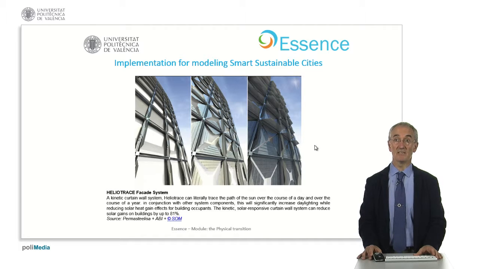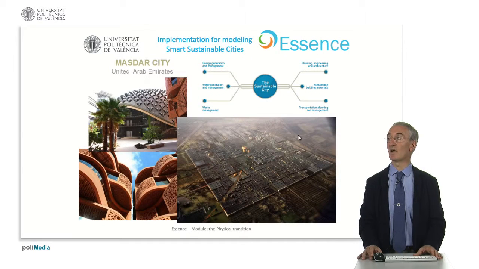Other possibilities, for example, if we are to use passive system, like this shading of the different glasses is important, or even go at bigger level, like in the Masdar net zero project within a desert, which seems to be quite difficult for a net zero project.